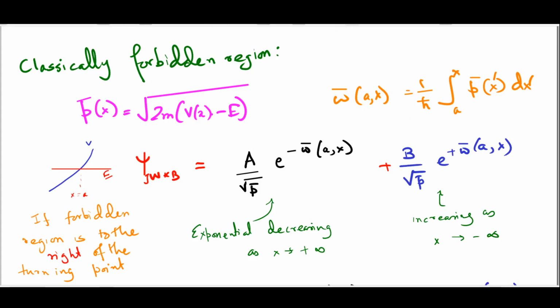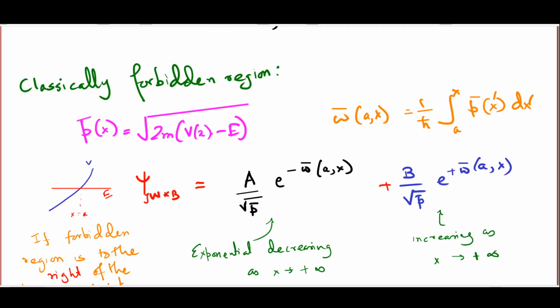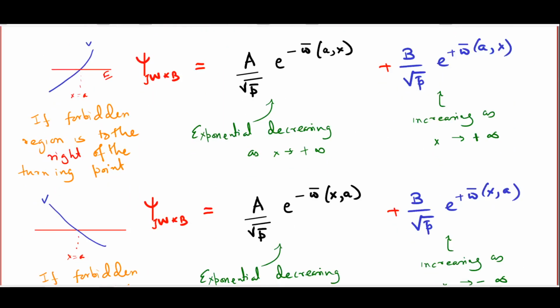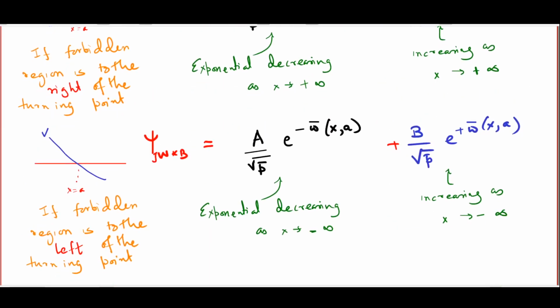And now, though this is rather trivial, it's actually quite important to be careful about this, so I'm going to stress this point. If the forbidden region happens to be to the left of the turning point, you can still write the WKB approximation for the wave function in exactly the same manner as before, but it is perhaps better or more convenient to write it in the form that is being shown here.